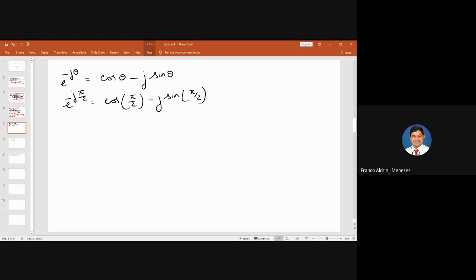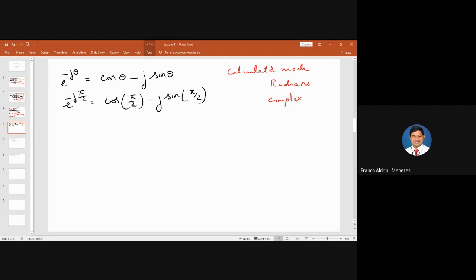So in this case now, when you are using your calculator and you are using pi by 2 or any other values, keep your calculator mode in radians. This is a very important part. Also keep your calculator in complex mode and try to obtain the value for this particular case.